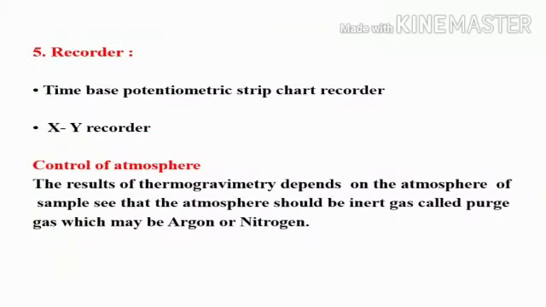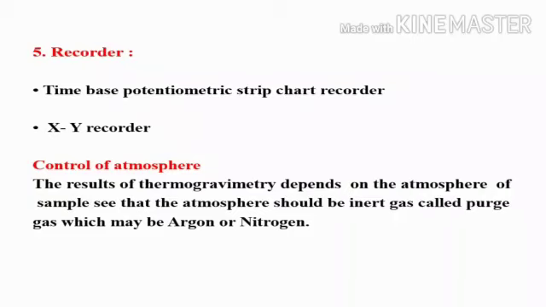Recorder. The recording systems are mainly of two types: time-based potentiometric strip chart recorder and XY recorder. In some instruments, light beam galvanometer, photographic paper recorder, or one recorder with two or more pins are used.